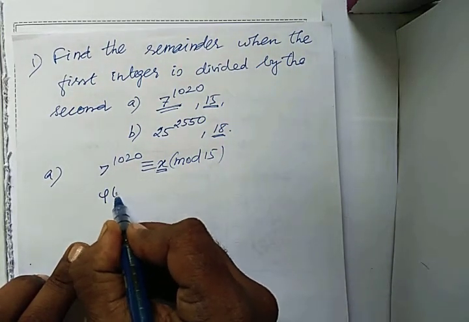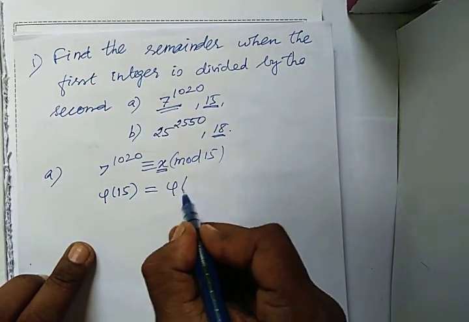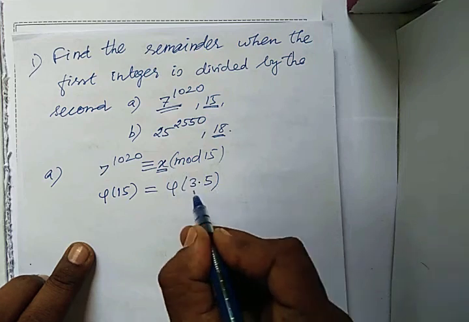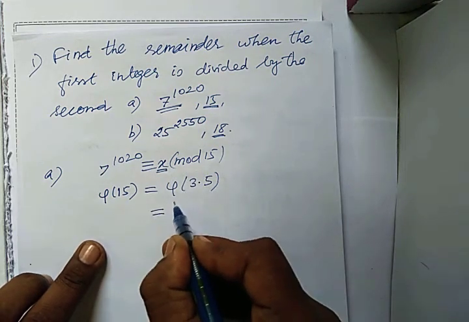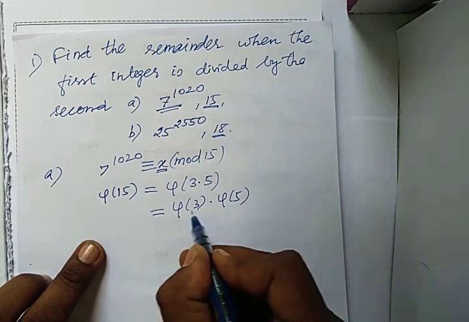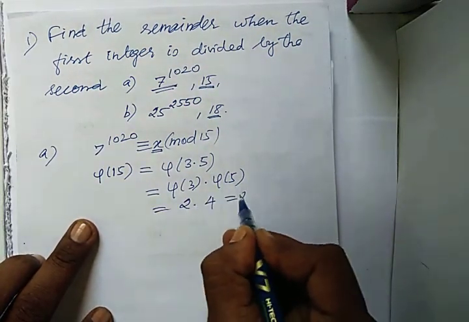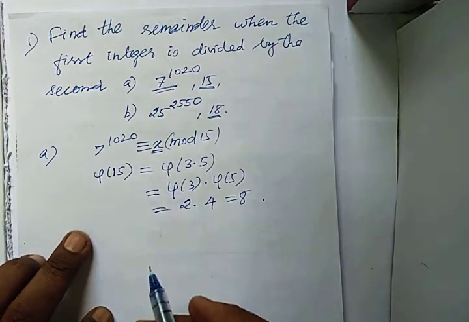what is phi of 15? Phi of 15 is phi of 3 into 5, but 3 and 5 are relatively prime, so this can be written as phi of 3 into phi of 5. This is 2 and this is 4, so phi of 15 is 8.